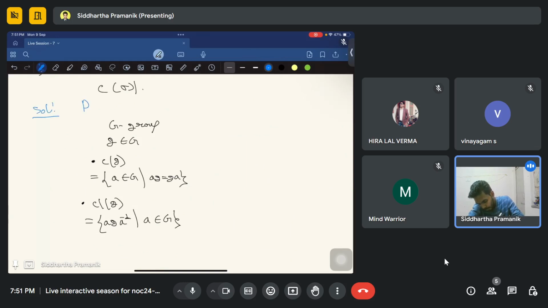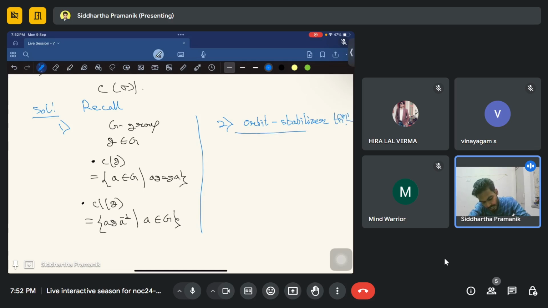So this is the first one, and the second one is the orbit stabilizer theorem.